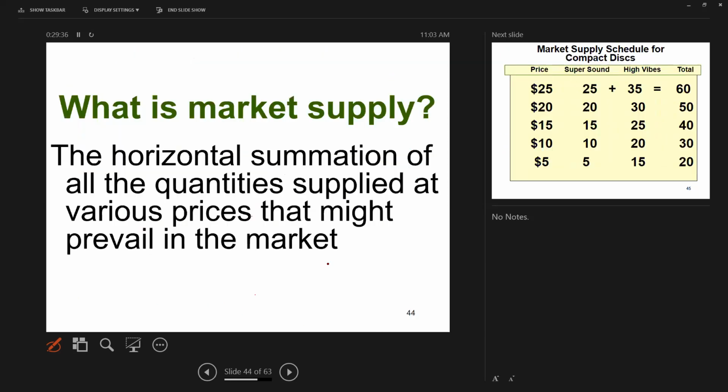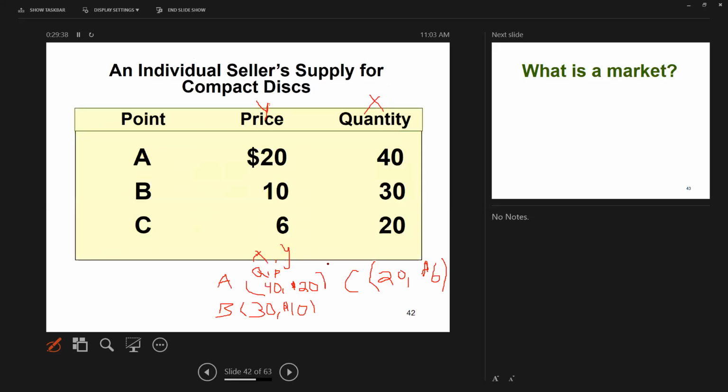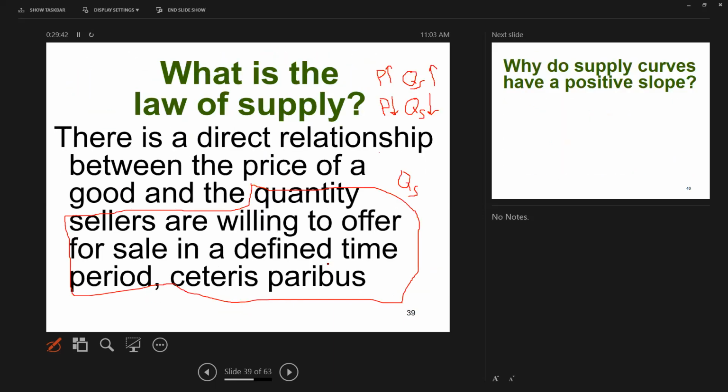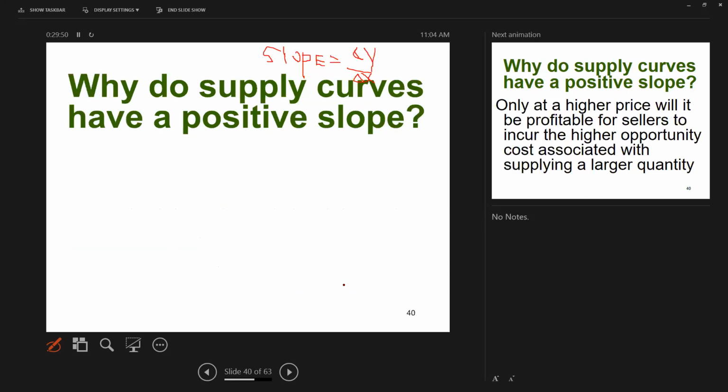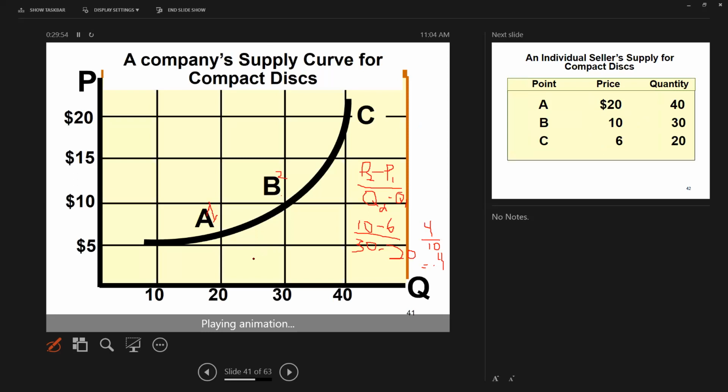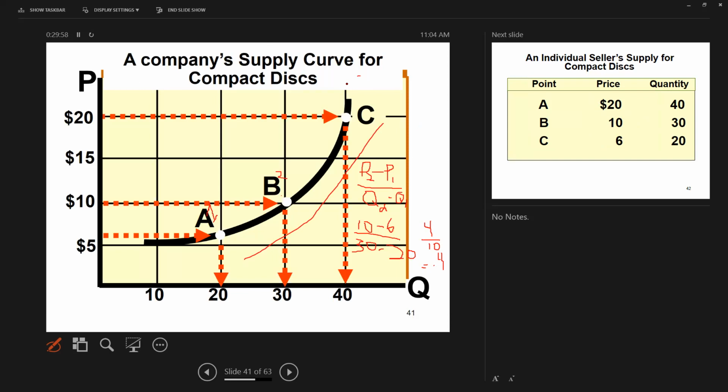When we allow something other, go back here real quick. When we allow something other than price to change that affects supply, we violate that ceteris paribus assumption. When that happens, our old demand curve, this one is no good, or supply curve, I'm sorry, I said demand. So this is S1.